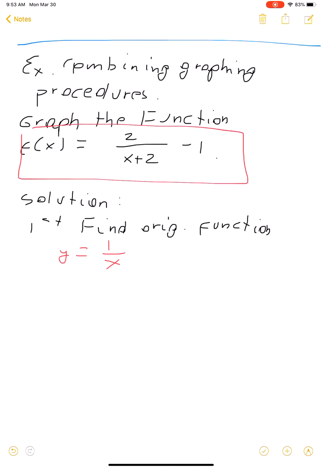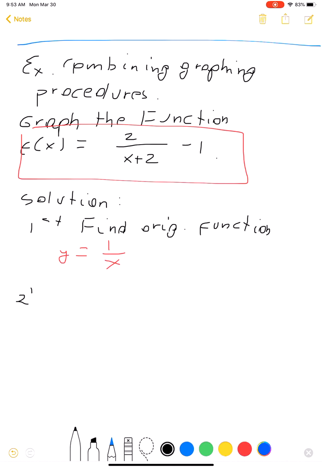Okay, step 2. Now we're building our new function. To get 2 over x, I'm working only with this part right here. What type of transformation do we have?